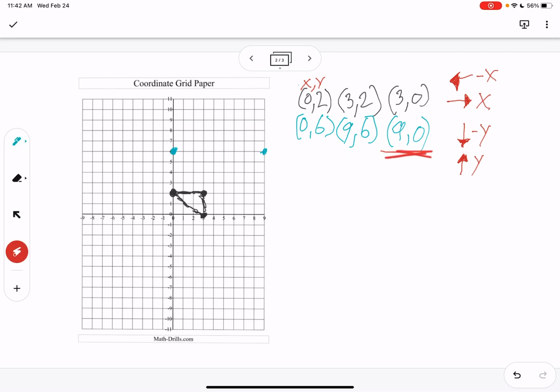Now we're going to do it for the last one. So again, we start here. When x is a positive 9, we go to the right: 1, 2, 3, 4, 5, 6, 7, 8, 9. So we're waiting here. And where does y tell us to go, up or down? It's 0, which means we don't go up or down. We just stay here. So this is the next point. I'm going to connect them.